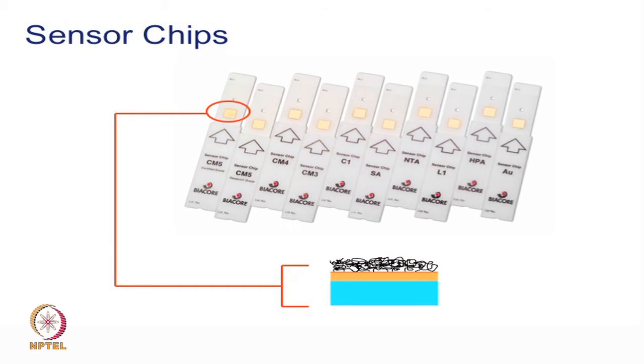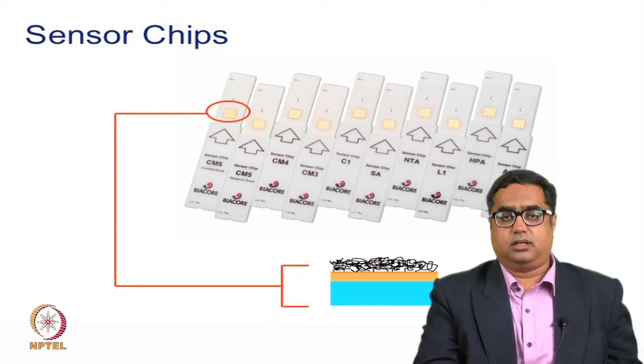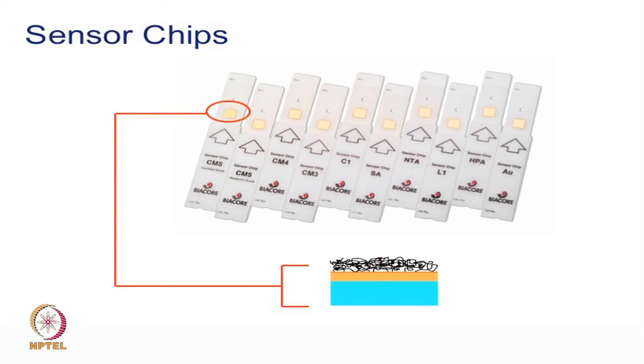Each of these chips has a place for an adapter, and this adapter actually holds the gold, and that gold place is where the immobilization happens, and the adapter pushes the gold surface into the SPR system.